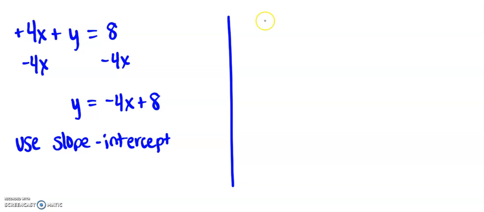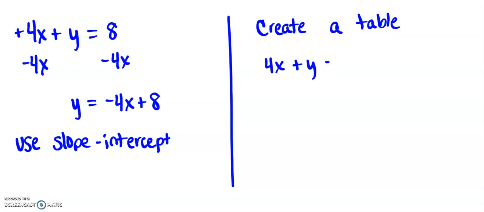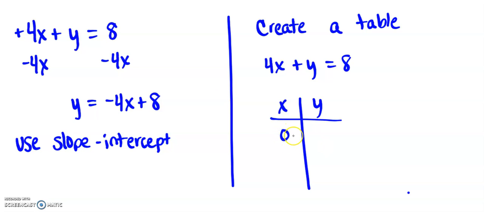You can also create a table. Suppose, again, you're starting with 4x plus y equals 8. You could just make a little xy table. You could say, what if x was 0? You could plug in 0, and say 4 times 0 is 0, so y is 8.